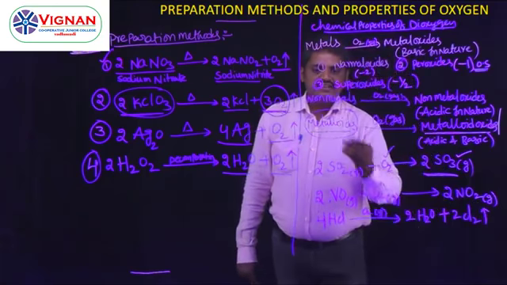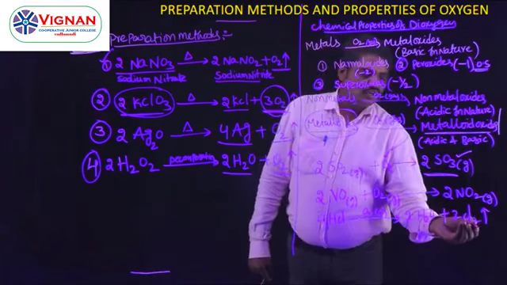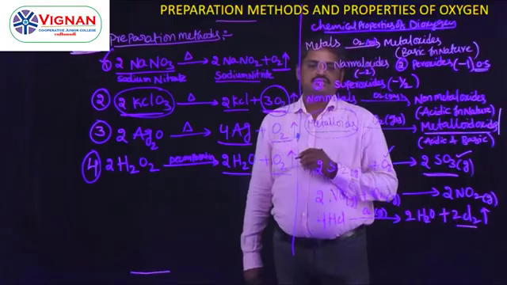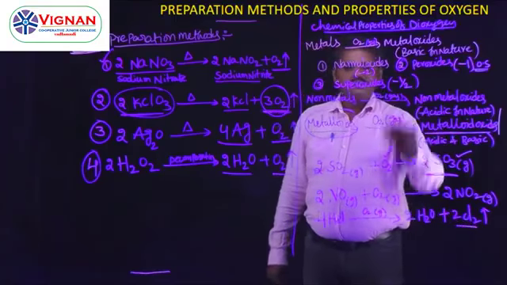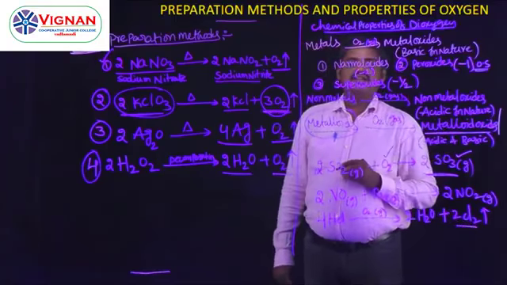Finally, dioxygen is also used to produce chlorine gas. These are some important properties of dioxygen gas.